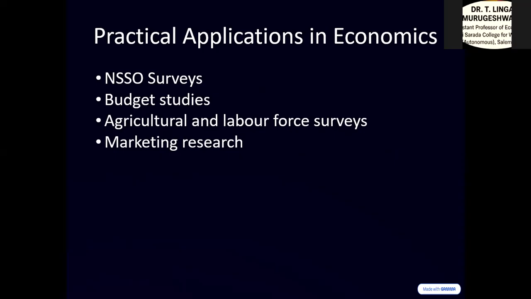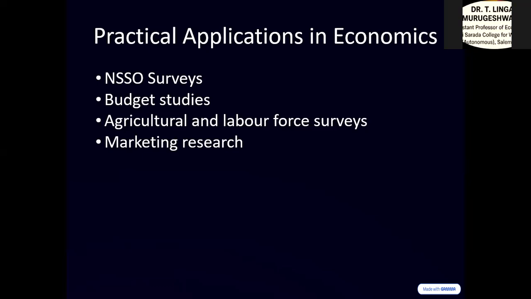Practical applications in economics. Sampling is a cornerstone of economic research. The National Sample Survey Office uses probability sampling to collect data on employment, expenditure, and consumption. Budget surveys sample households to analyze income and spending patterns.